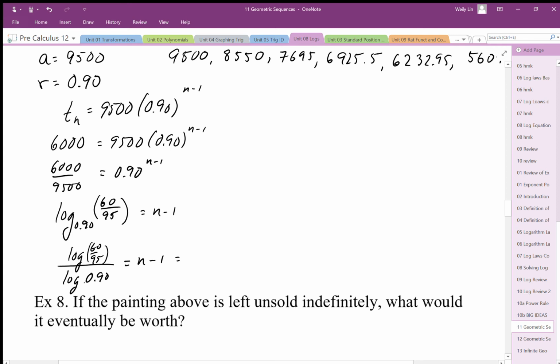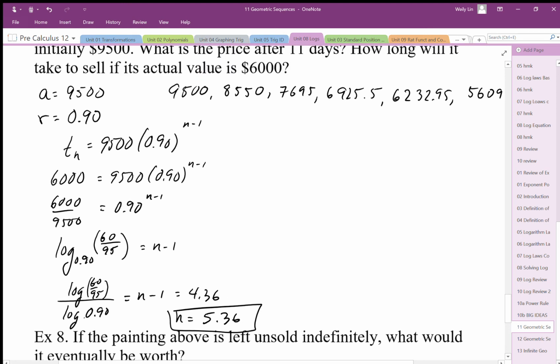Punching into my calculator, log 60 divided by 95 divided by log 0.9, I get 4.36. Then solving for n, n equals 5.36, which is what we predicted. Somewhere between 5 and 6 is where we're going to get our $6,000.